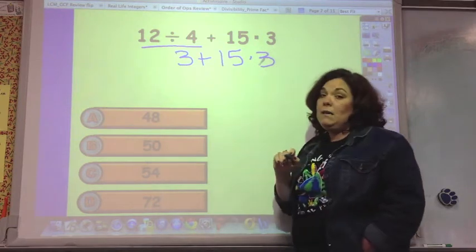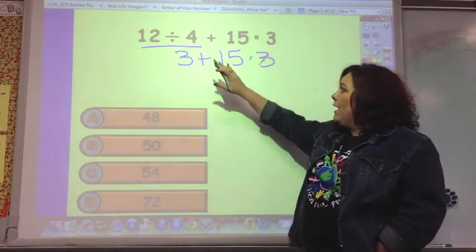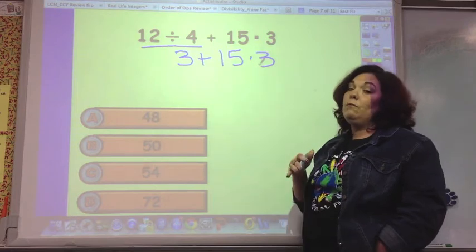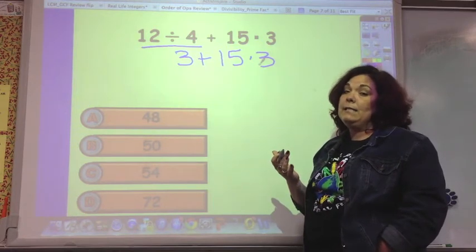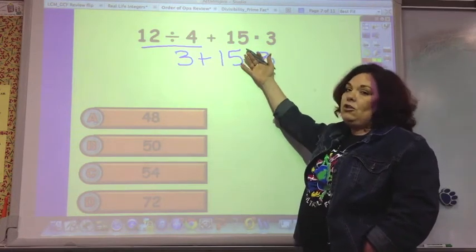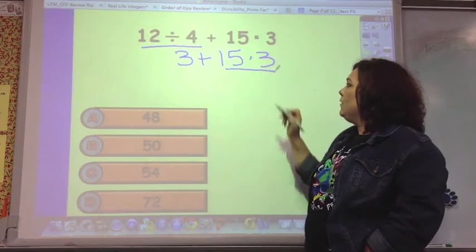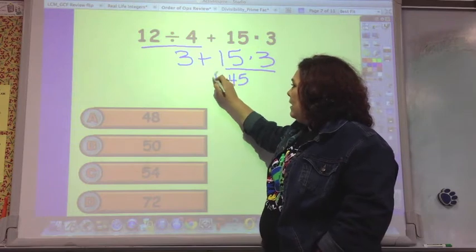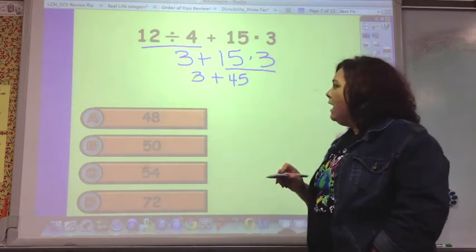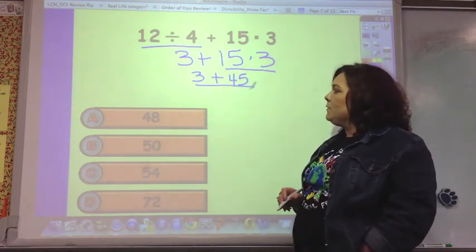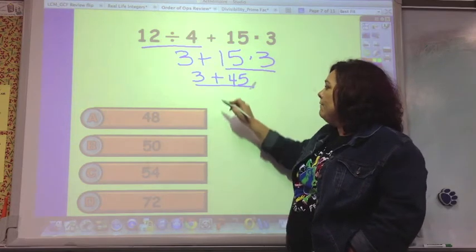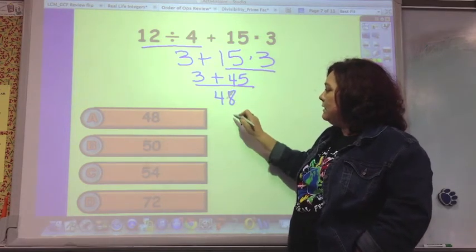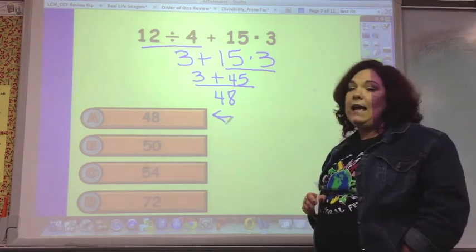This dot means multiplication. Now I have addition and I have multiplication. Well, PEMDAS says that multiplication comes first. So 3 times 15 is 45. Then I rewrite the whole thing, and I do this final step, addition, that's all that's left, and so that's 48. So my answer would be A, 48.